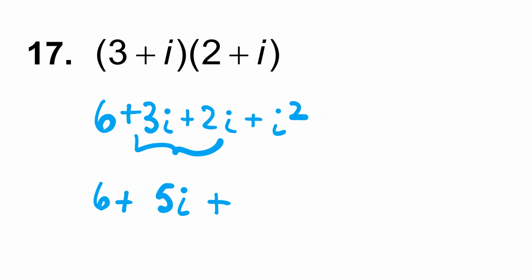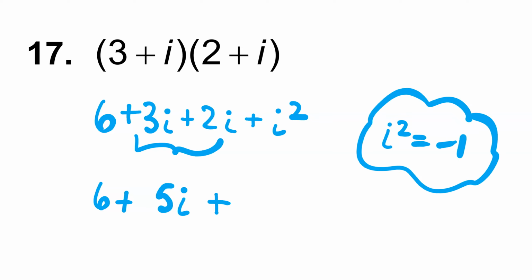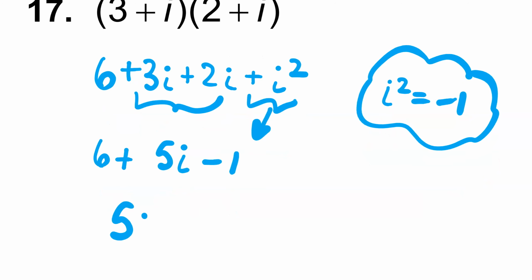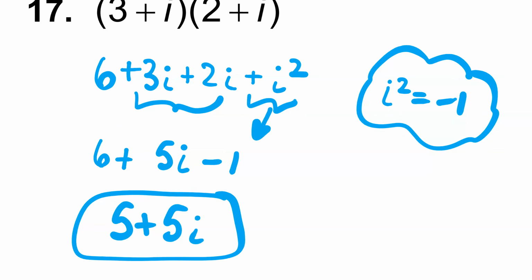What is i squared equal to? i squared is equal to negative 1. So I'll be subtracting 1, right? Because i squared is negative 1. 6 minus 1, so I have 5 plus 5i, and that is the answer. That's it. Just have to FOIL and recognize i squared is equal to negative 1.